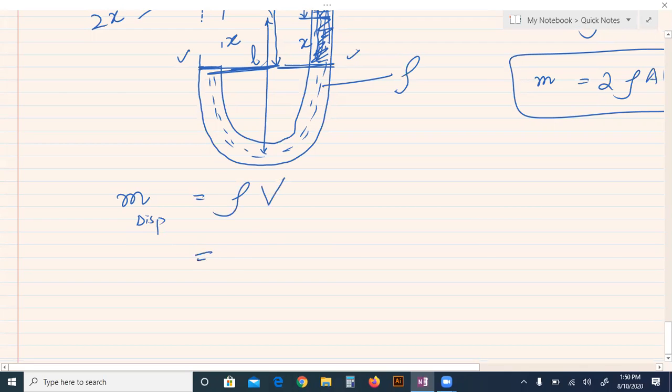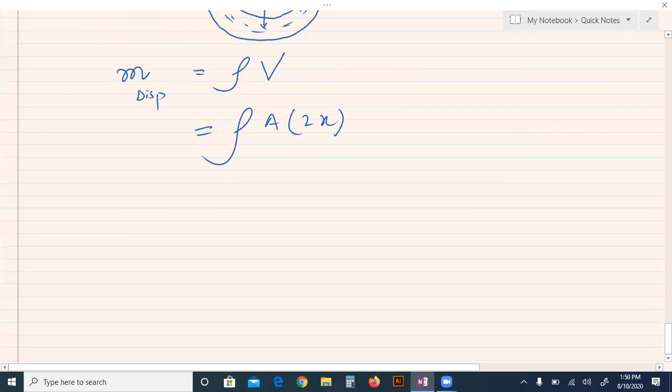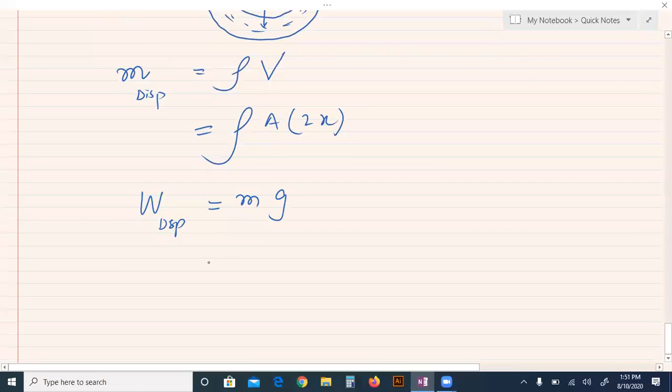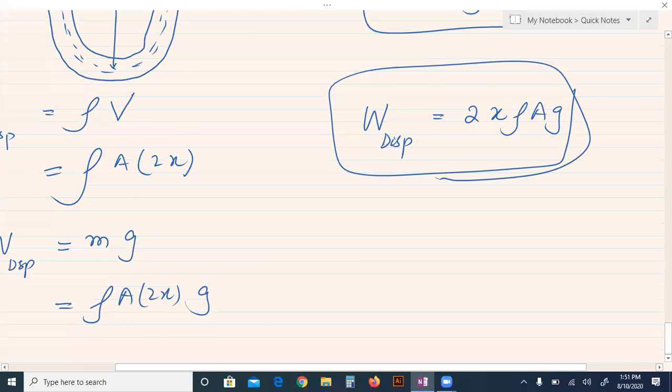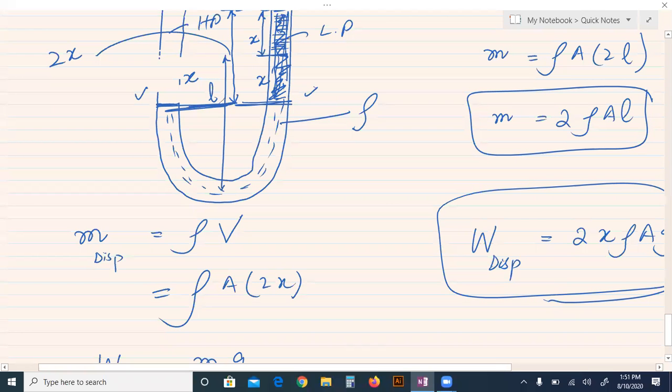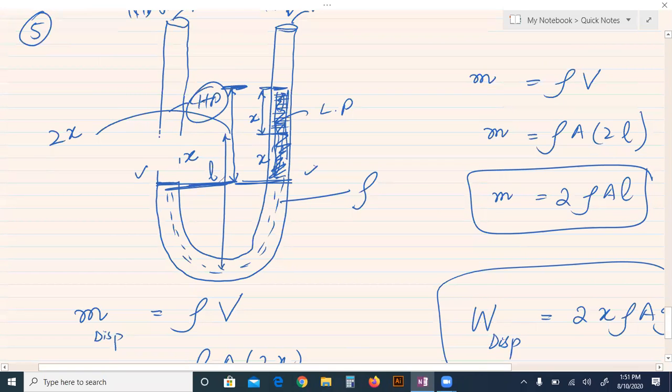Density into volume. Volume is area into height, which is 2x. So the weight of the displaced liquid is equal to mg. Look, m is equal to rho A 2x, into g. So we can write the displaced liquid weight is equal to 2x rho Ag. Very, very important. This is the weight of the liquid which is displaced due to the high pressure at one end and low pressure at the other end.